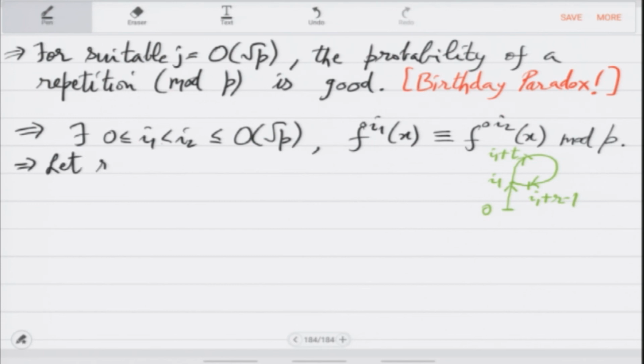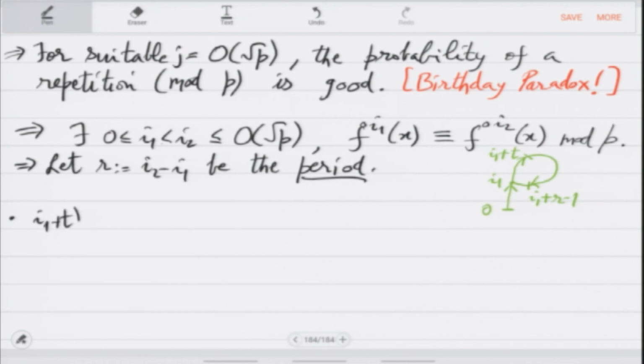So let r, defined to be i2 minus i1, be the period. That is what we have learnt. This happens with high probability, this rho picture. So in step 2, what happens?